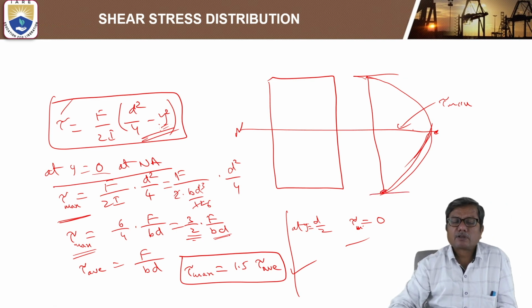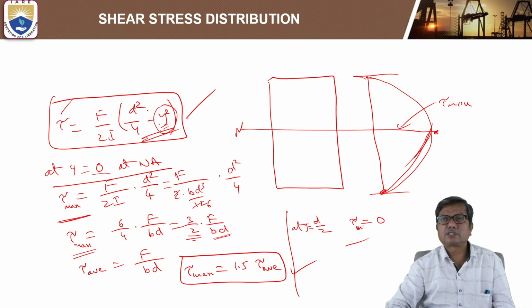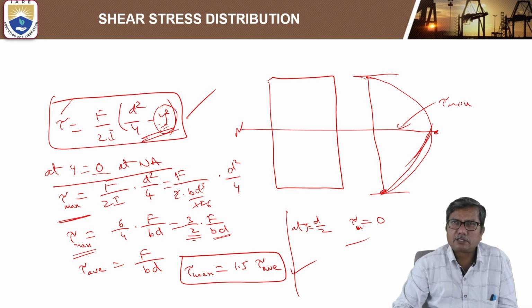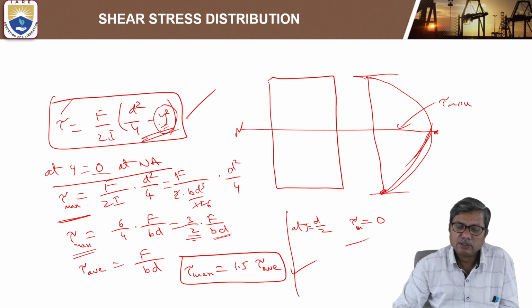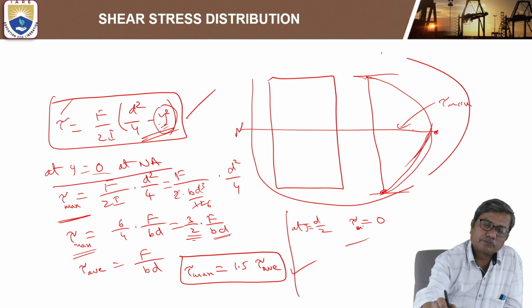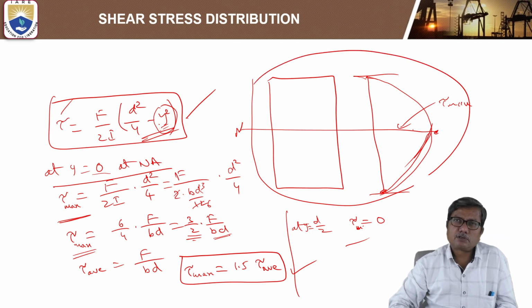This is the equation for a parabola, because shear stress varies as the square of distance from the neutral axis. So this is the shear stress distribution for a rectangular cross section.